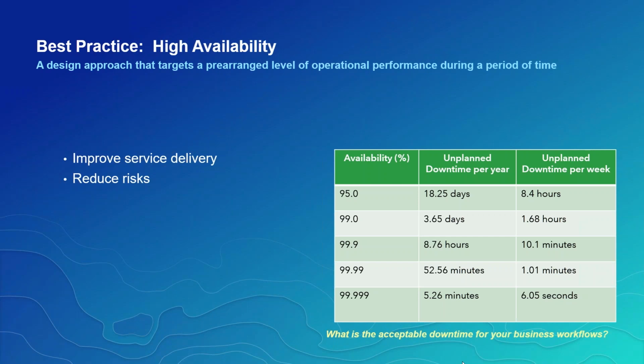So, the goal is, a highly available system should be providing your users with an environment that meets or exceeds their business requirements. That may be something very specific, like the system should be available 99.9% of the time, or it could just be more of a general expectation of when the system will be available.